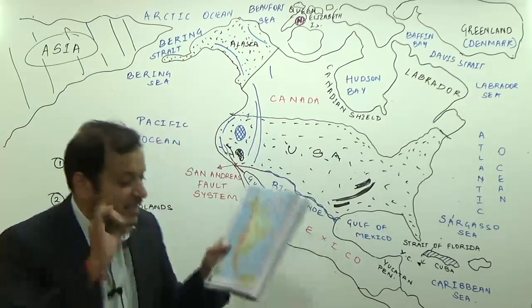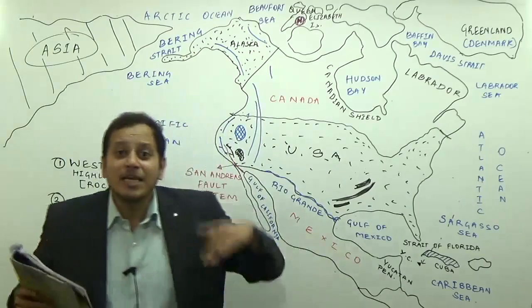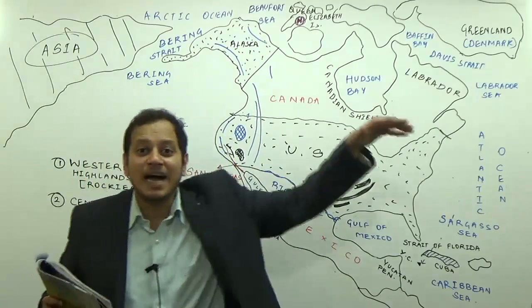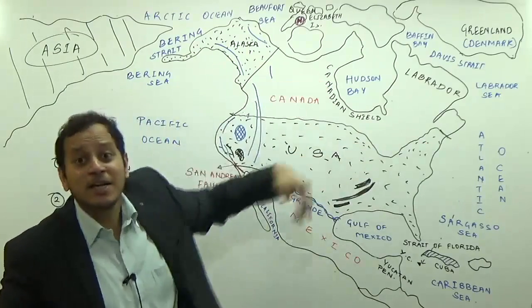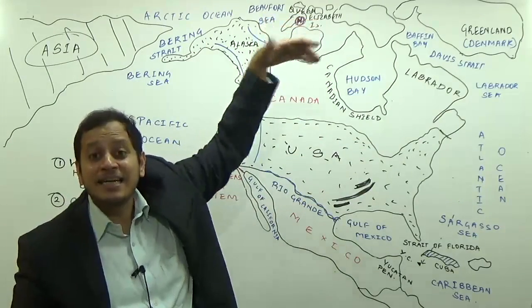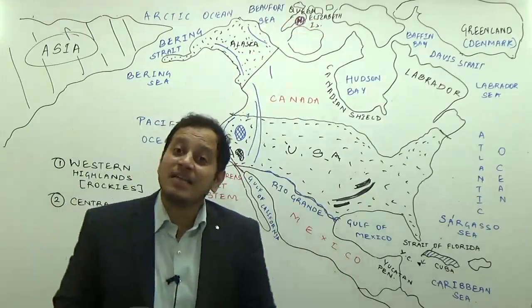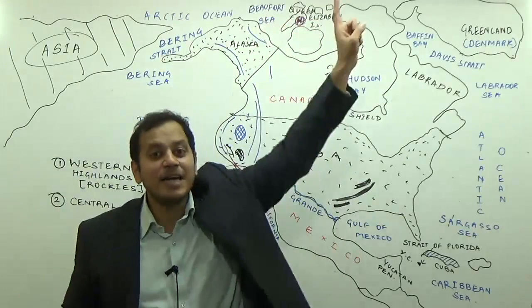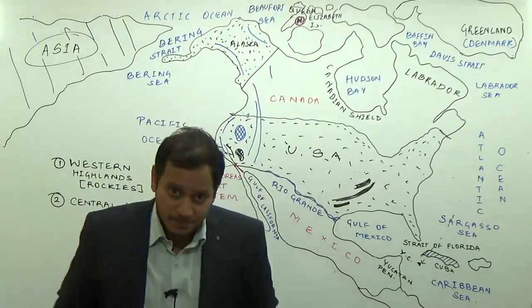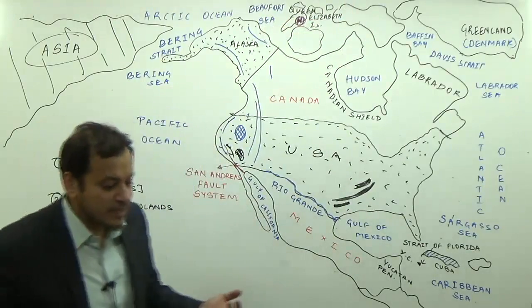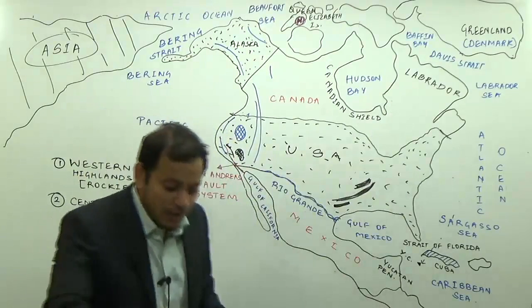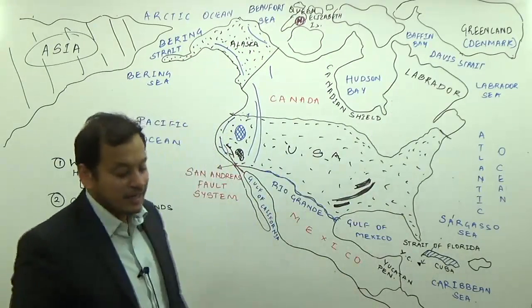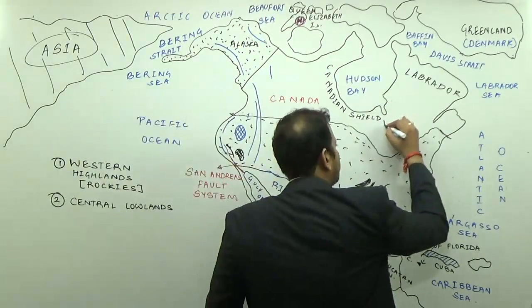In the atlas, green part means plain, yellowish or brownish part means it is a highland region. Yellow means at a lower height, brown means at a greater height, gray means still greater height, and the white color means it is an ice cap, and we know that the ice cap is at the highest height in the normal region. So you can see this entire Labrador Peninsula, and there is one more plateau here which I forgot, that is the Laurentia Plateau.